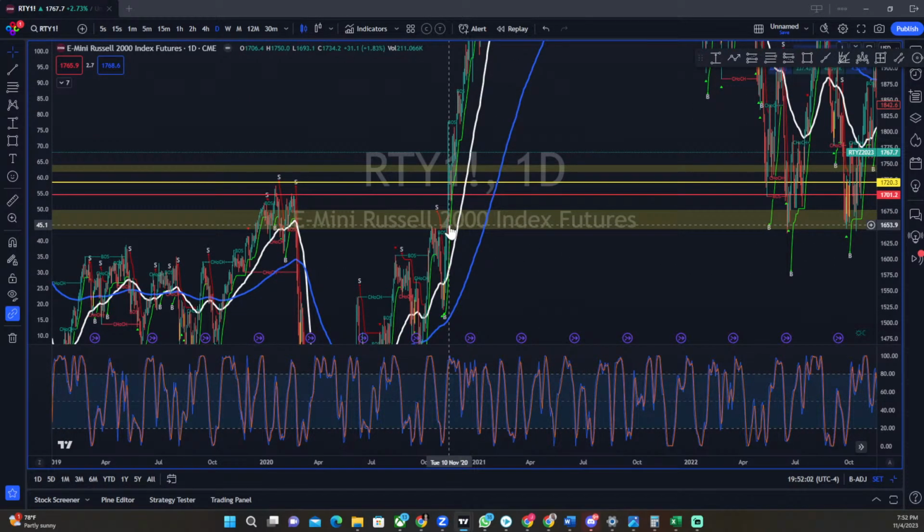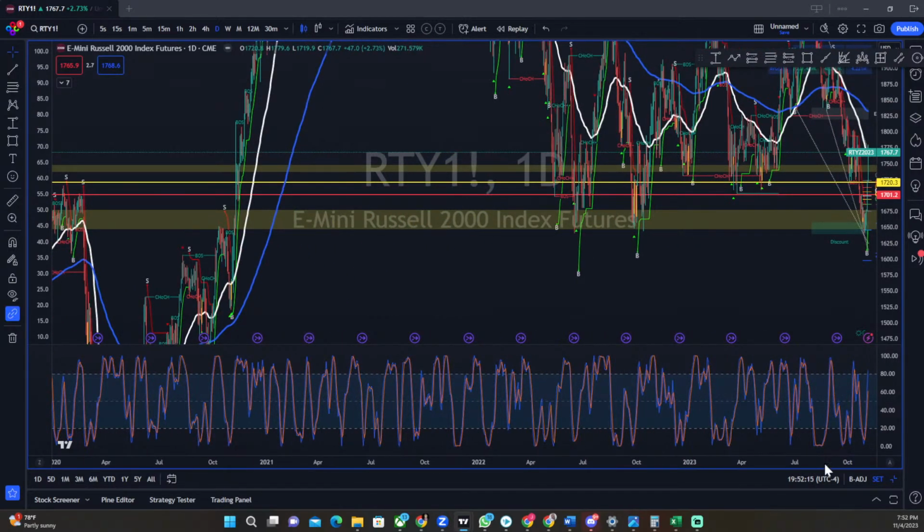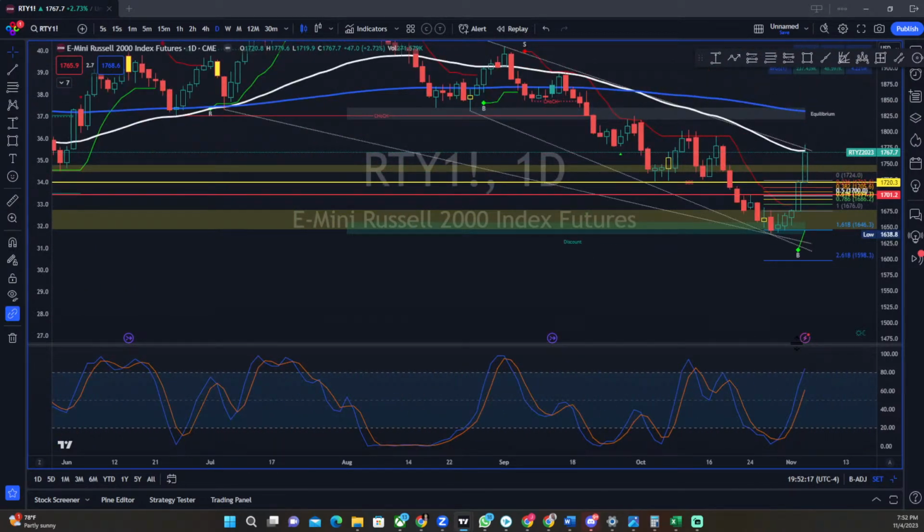Ever since we broke out from 2020, this has been a very key area on the Russells, trying to figure out if we're going to break this level so we can go ahead and start this bear rally. This is letting me know that bear rally is getting its butt whipped. All the puts are getting liquidated right now. And right now, if we close above the 50 EMA on the daily, I do think we're going to test the 200 and we're going to rally even further.